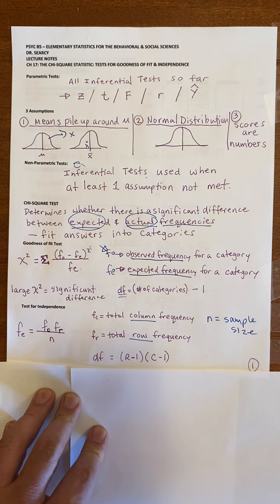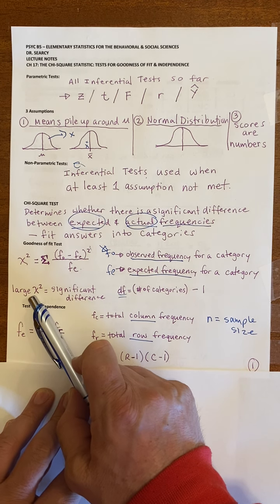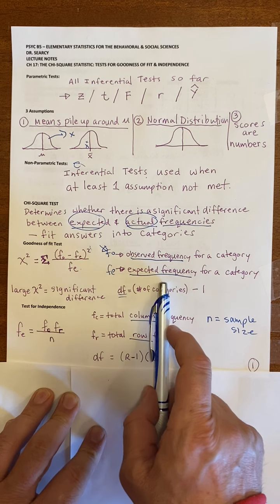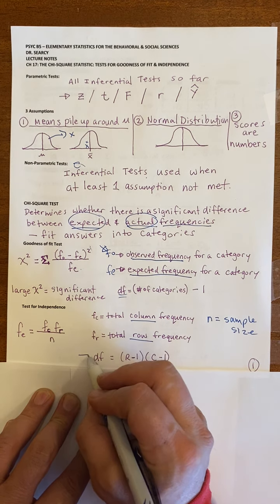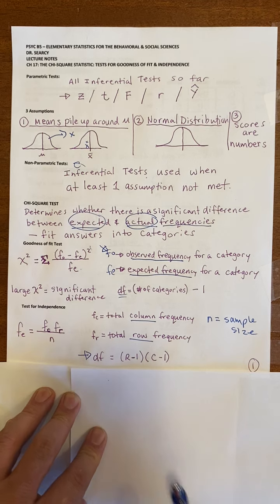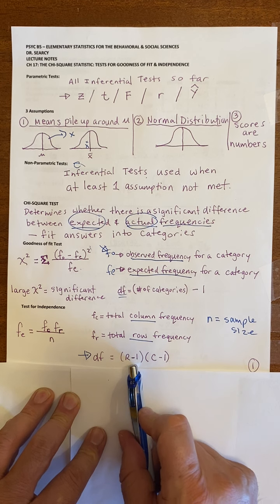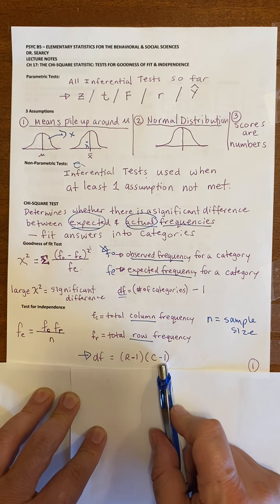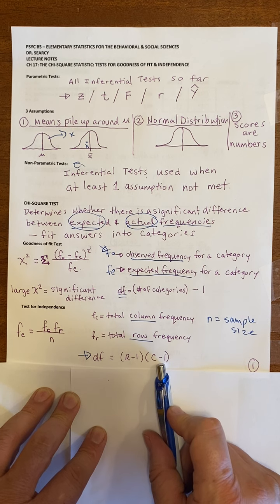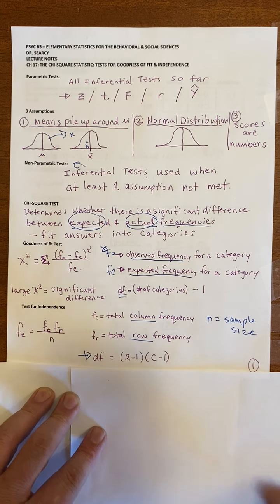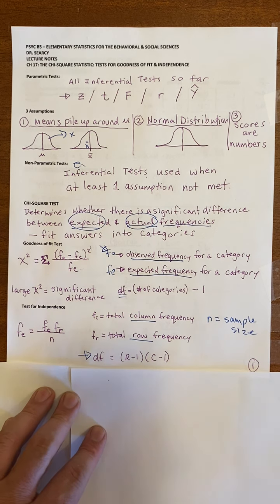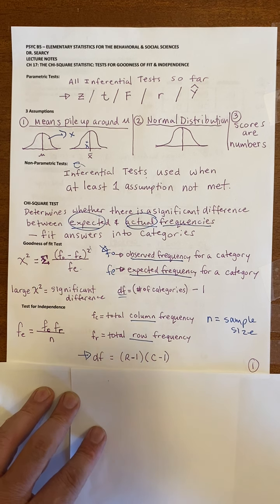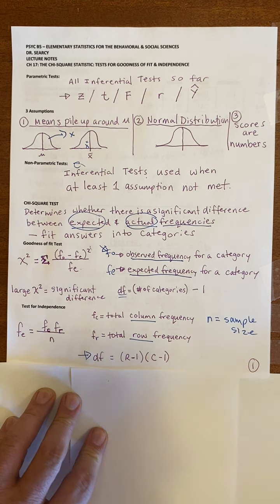Now, when we actually go to do our analysis, where we compare the large chi-square to some critical value, the degrees of freedom value that we're actually going to use is this one here, R minus 1, the number of rows minus 1, times C minus 1, the number of columns minus 1. So multiply those two together, and then you can go look up a critical value on a chi-square table. And we'll talk about that when we get to that step.